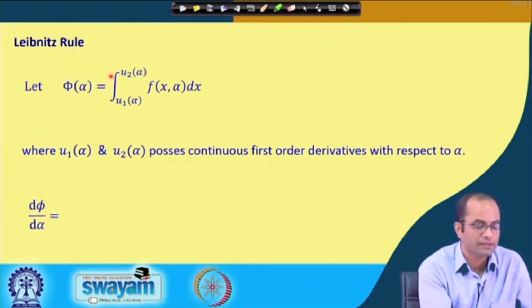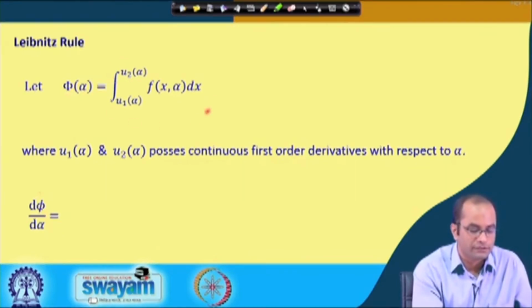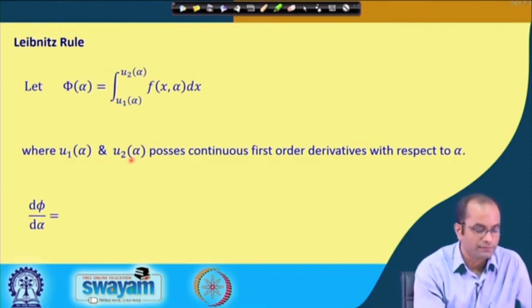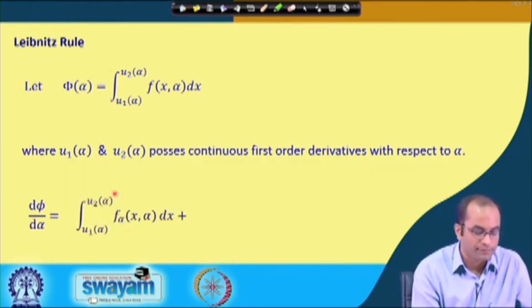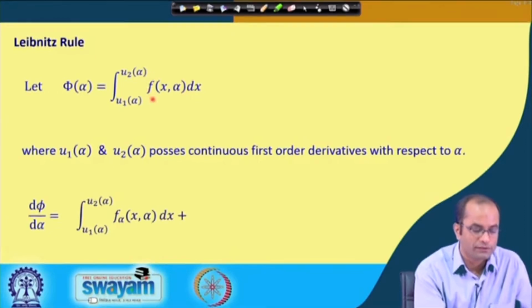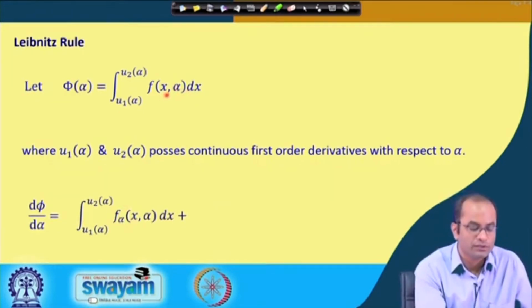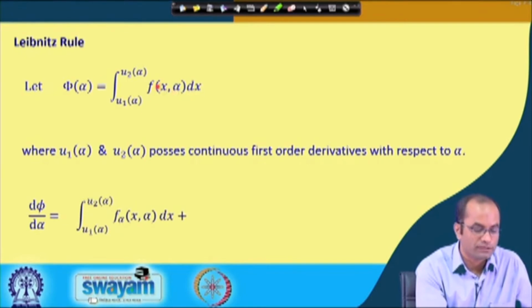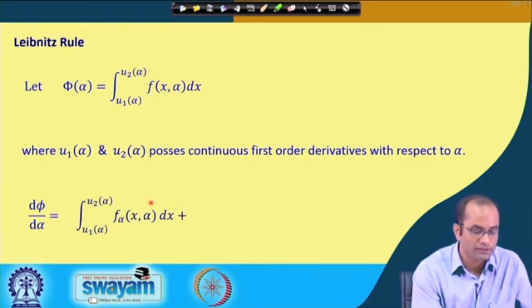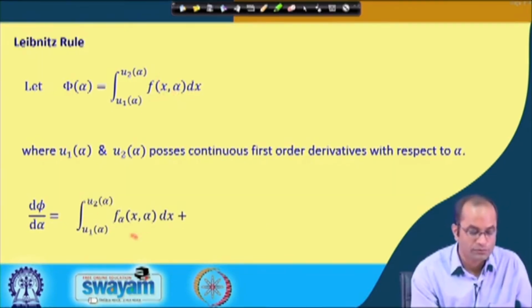In other words, d over d alpha will go into the integral, and we will have the derivative of f(x, alpha), which will be the partial derivative with respect to alpha, because there are two variables here. And then there will be some more terms.